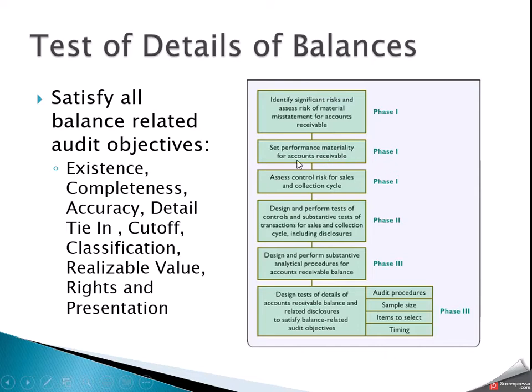Set performance materiality for accounts receivable, assess control risk for the sales and the collection cycle, design and perform tests of controls and substantive tests of the transactions of the sales and the collection cycle, design and perform substantive analytical procedures for the accounts receivable balance, design tests of details of the accounts receivable balance and the related disclosures to satisfy the balance related audit objectives.